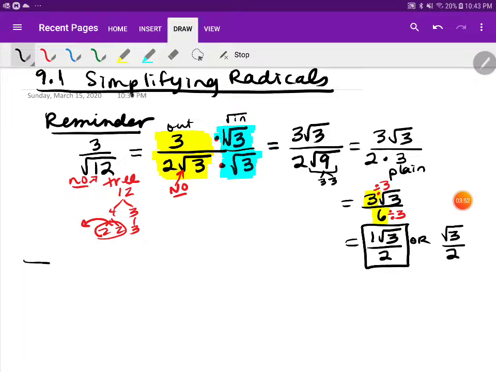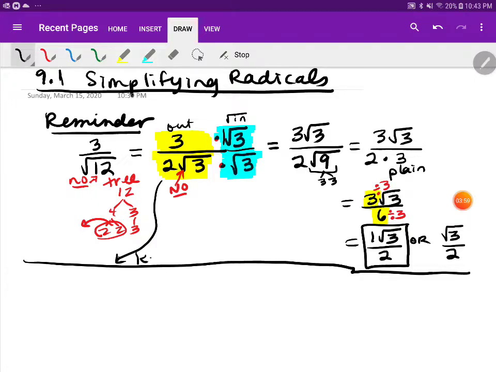So, we have a new type of problem that we're going to be working on today. It kind of looks like this one. But there's a slight change. This one, there's a plus in the middle, or a minus. So they're not attached.